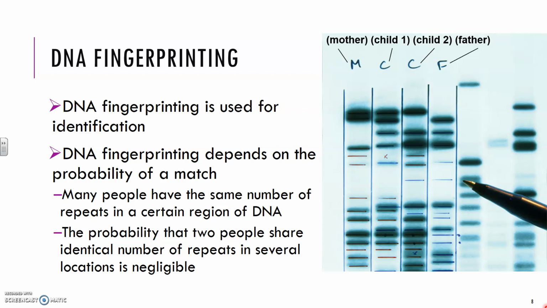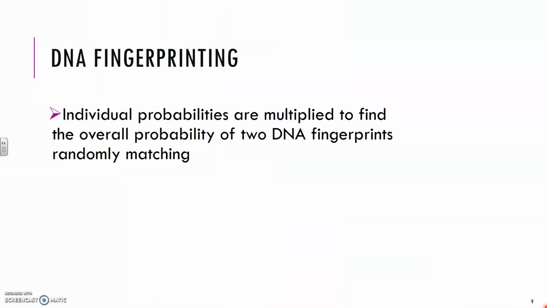Because usually they are fine overshooting that just to make sure that the probability works out. So individual probabilities are actually multiplied together to find the overall probability of 2 DNA fingerprints randomly matching. Okay, now of course this does not account for identical twins or anything like that because that's kind of impossible to account for in this.